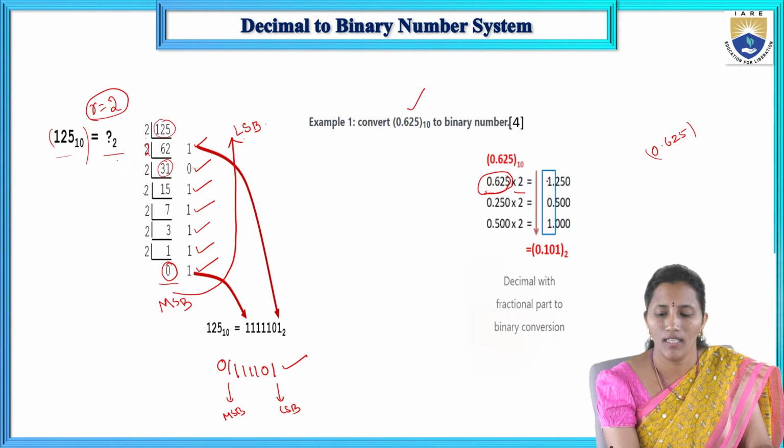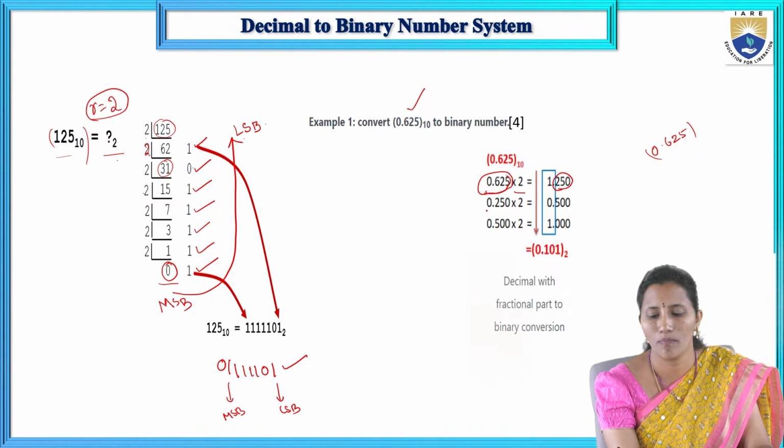In that, leave the integer part and consider only the fractional part, that is 0.250. 0.250 again is multiplied by 2, then it is 0.500. Consider only this fractional part: 0.500 multiplied by 2 gives 1.000.